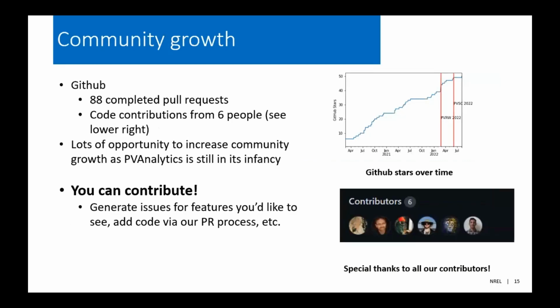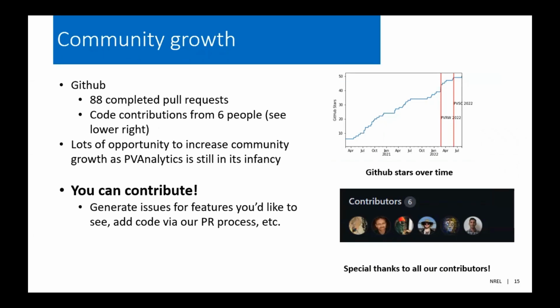Now a little bit on our community growth on GitHub right now. PVAnalytics obviously has not been around for that long. We've only had, I think, 3 versions released so far. Within those 3 versions, we've had 88 completed pull requests, and we have contributions from 6 people. Special shout out to those 6 people right here on our contributors list.